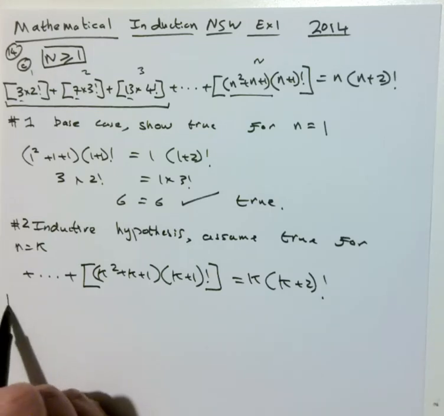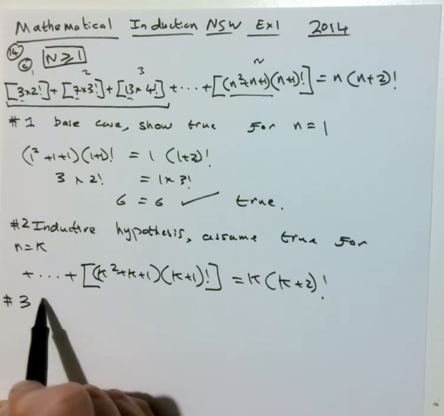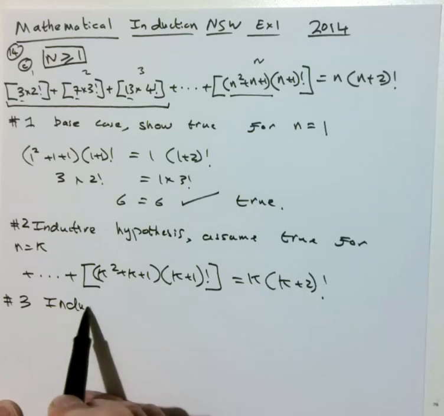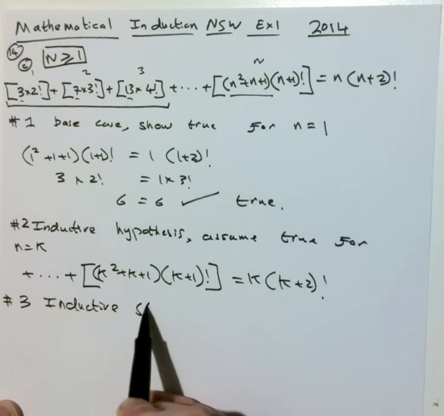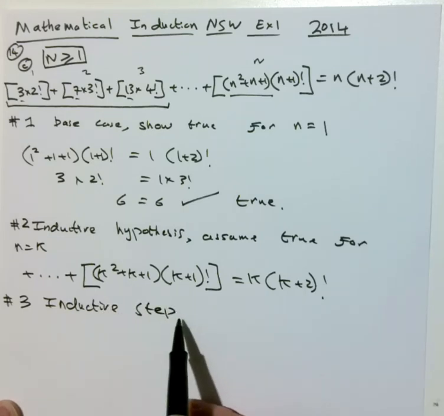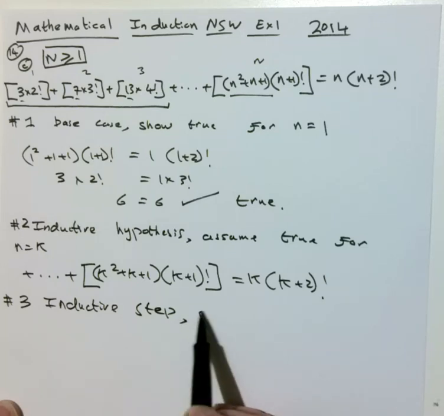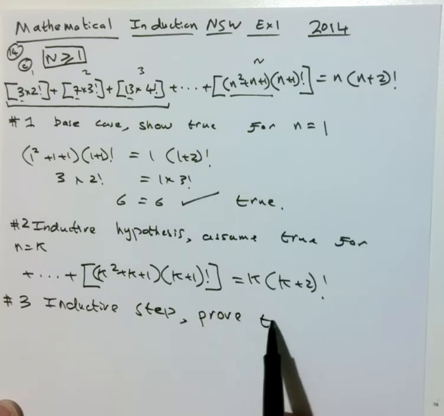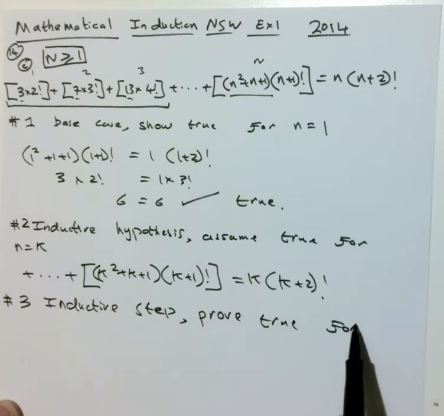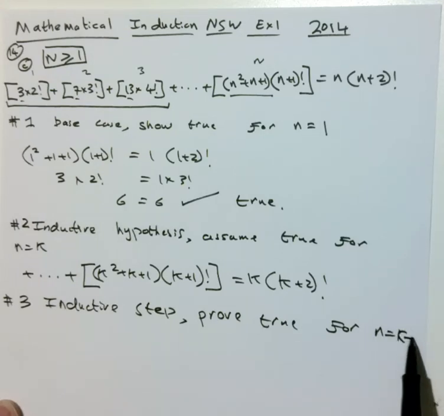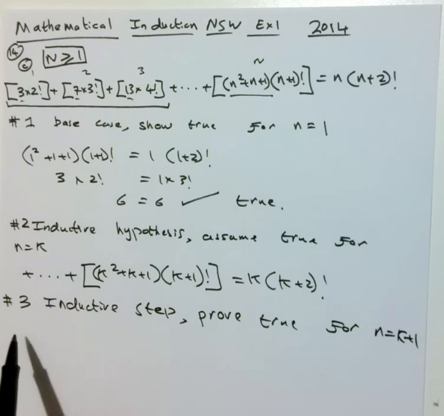The third part is called the inductive step, and this is prove true for n is equal to k plus 1. Okay, so let's do that then.